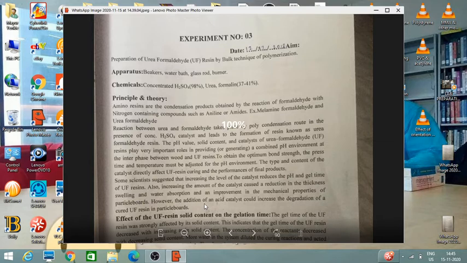So, if you increase the amount of catalyst, it leads to reduction in the thickness, swelling, and water absorption, and an improvement in the mechanical properties of the particle boards. However, the addition of an acid catalyst could increase the degradation of cured UF resin in particles.